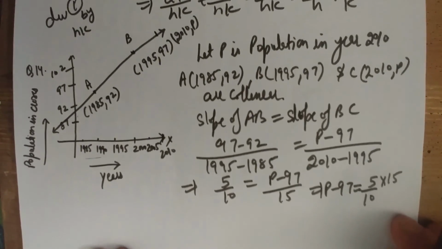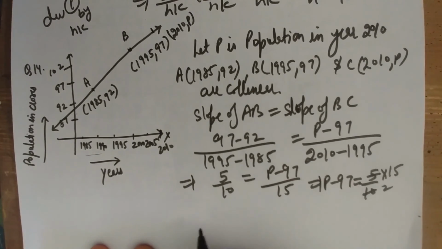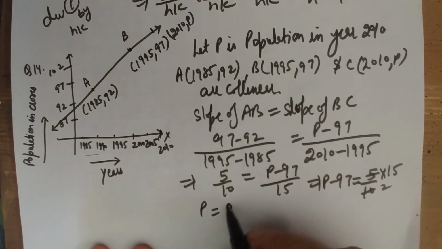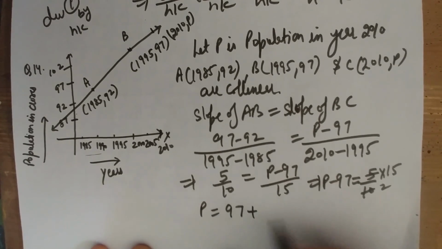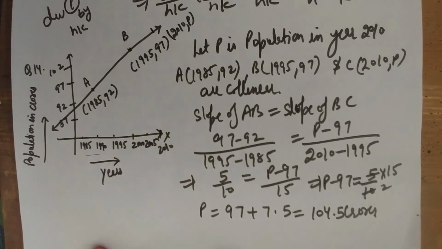From here, P is equal to 97 plus 15 by 2, which is 7.5. So 104.5 crores will be the population in 2010.